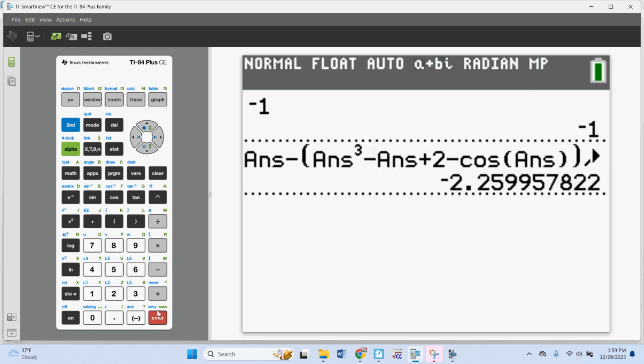And if I hit enter, I get negative 2.259957822. We could write that down.